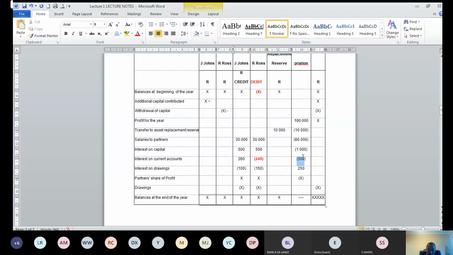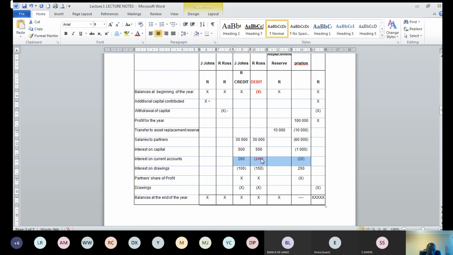So let me just quickly rectify this now. That means there will be a total debit here of 20 Rand. Just to explain that to you. Remember now, the partnership is paying Johns 260 Rand.